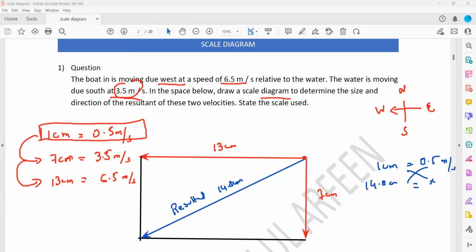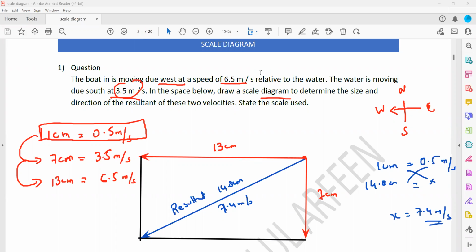Cross multiply: 14.8 times 0.5 gives 7.4 meters per second. So this resultant, whose length is 14.8, is actually equal to 7.4 meters per second. So this is about the resultant.